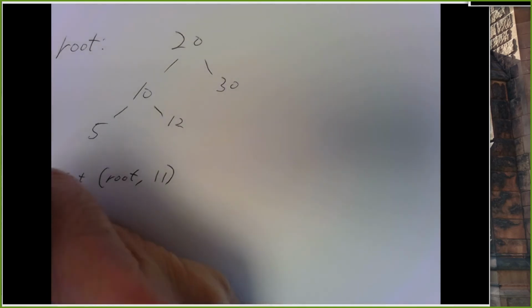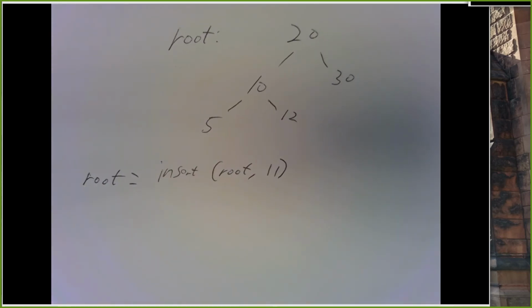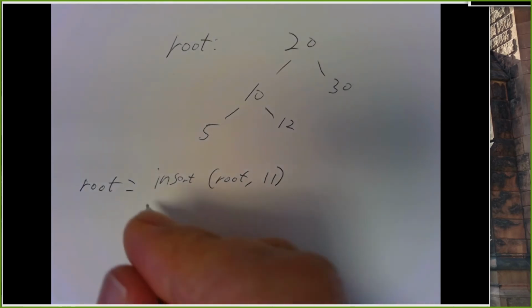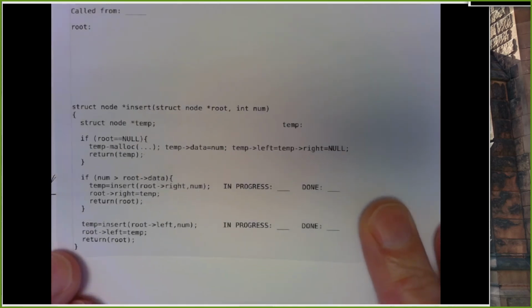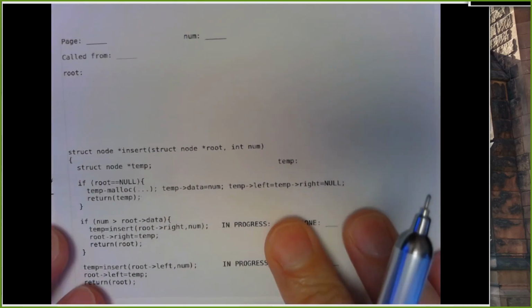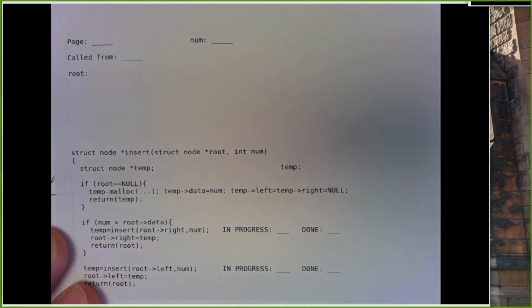And I'm going to set root equal to the return value from calling this insert function. I want to see what happens when we call insert. So I've made a little tiny copy of the insert function here, and we're going to track how insert happens. We've got about 6 minutes to do this.